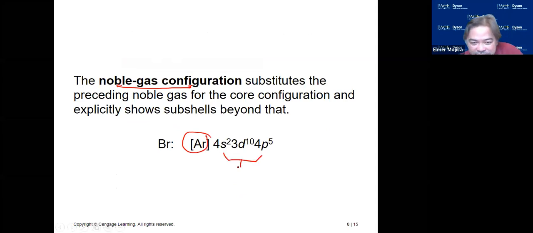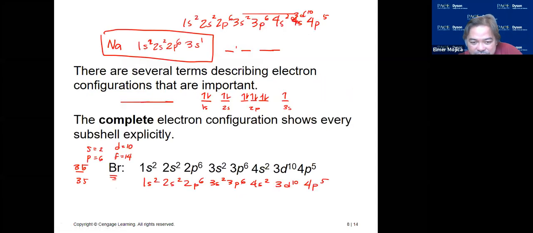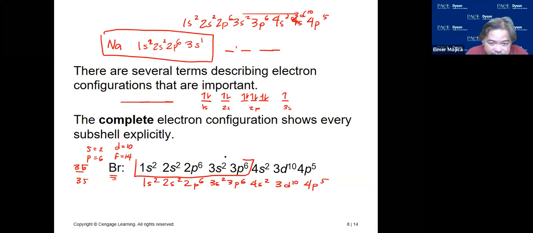So what does the argon represent? If you look at the previous step here, so this thing here, that's the electron configuration of your argon. So how do we put this in terms of sodium? You're going to write it in terms of neon and 3s1.